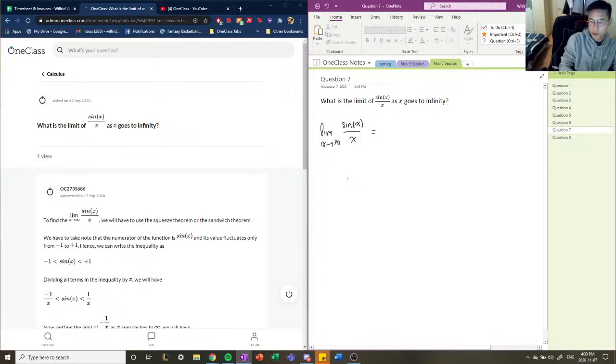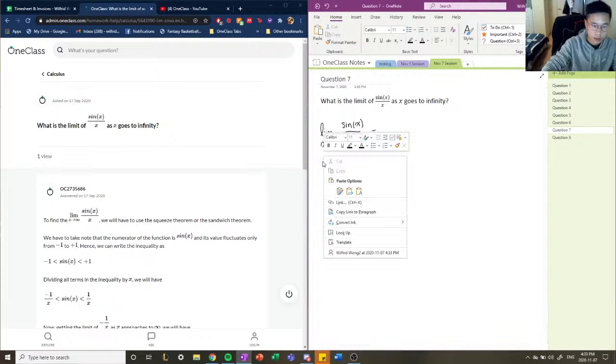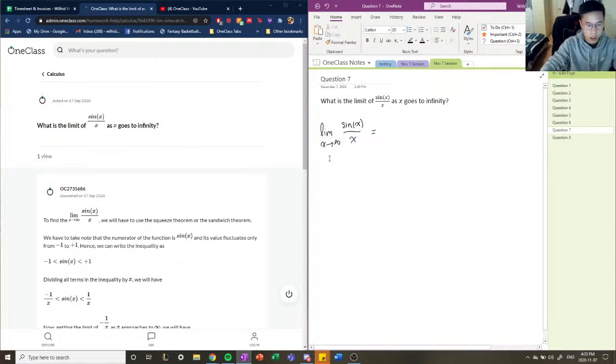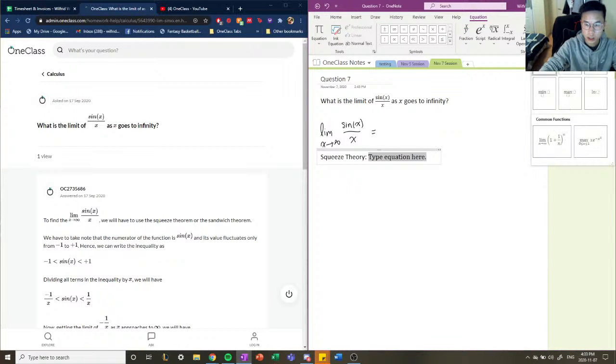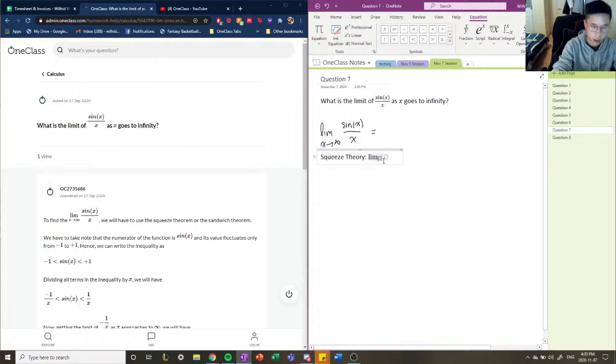So we're going to use what we call the squeeze theorem or the sandwich theorem. So let me explain it to you guys here. So the squeeze theorem suggests that, let's say we want to find the limit when x approaches infinity of a function f of x.